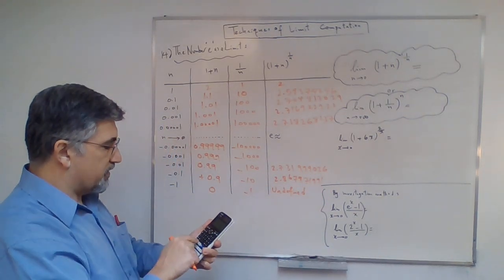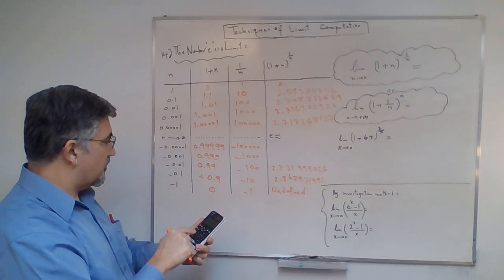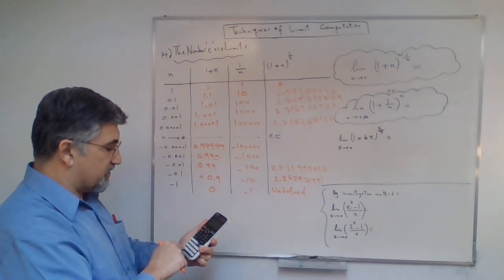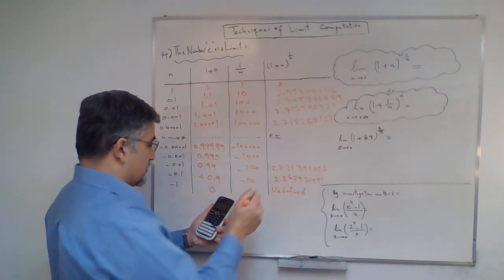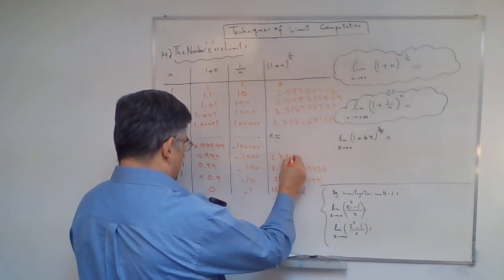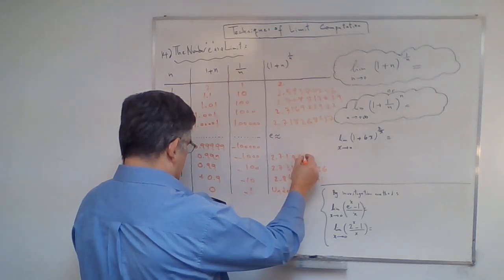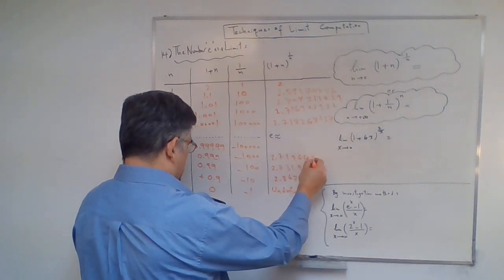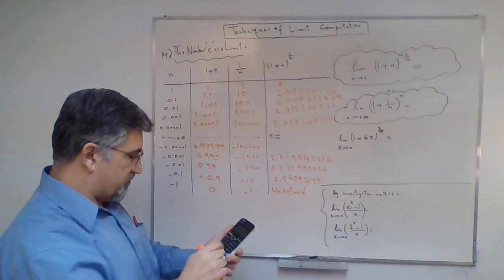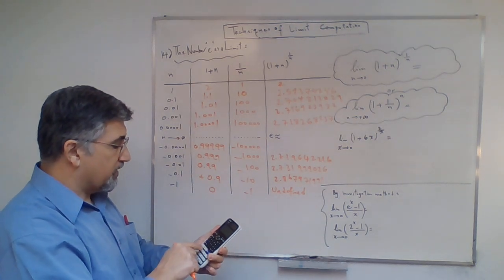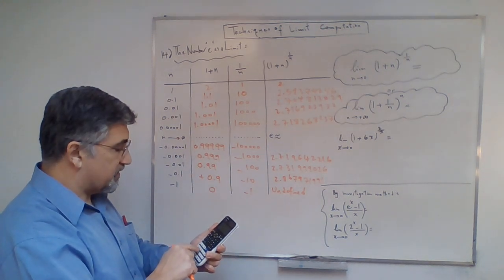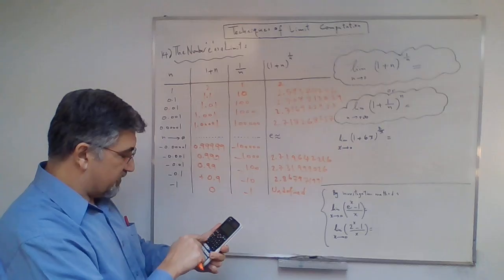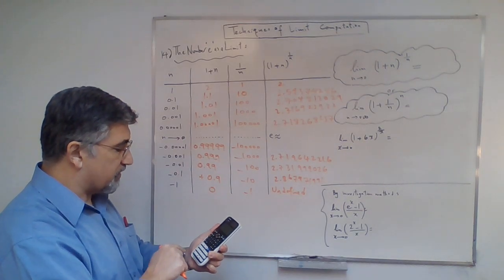Then we have 0.999 raised to the exponent of negative 1,000. All right, so that is 2.7196. I bet you get the same answer on your calculator. So 5 nines I put there, raised to the exponent of negative 100,000.